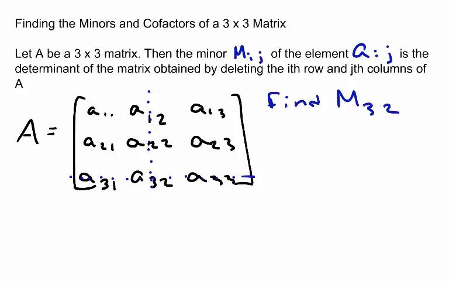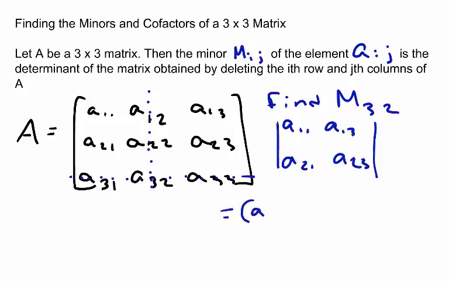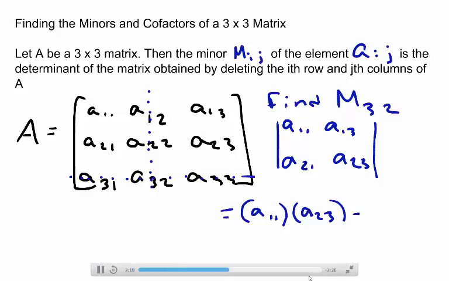So we block out our third row and second column and obtain the determinant of the remaining 2 by 2 matrix. So A 1, 1 times A 2, 3 minus A 2, 1 times A 1, 3.